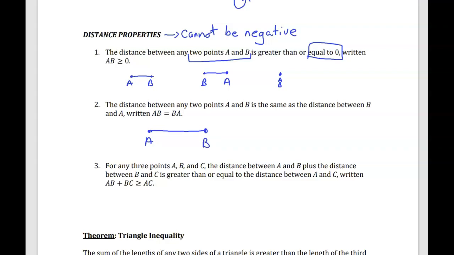So the distance between 2 places will always be the same. Now, the distance that you travel to get there may be different because you may go different routes, but the official distance will always be the same.